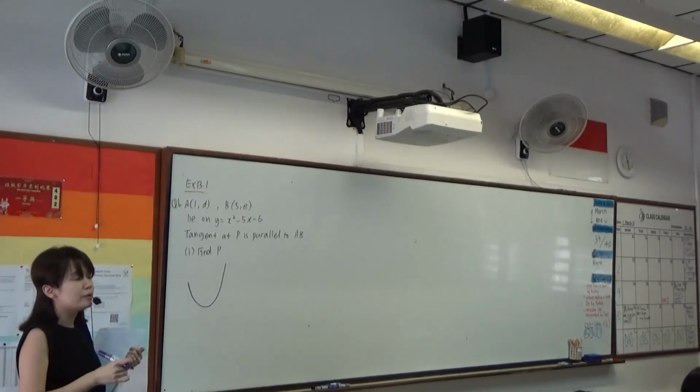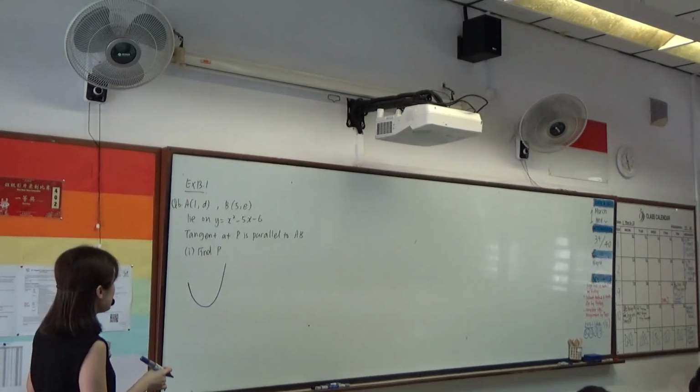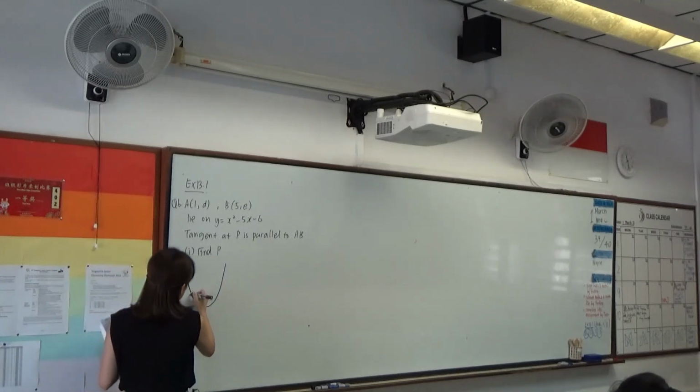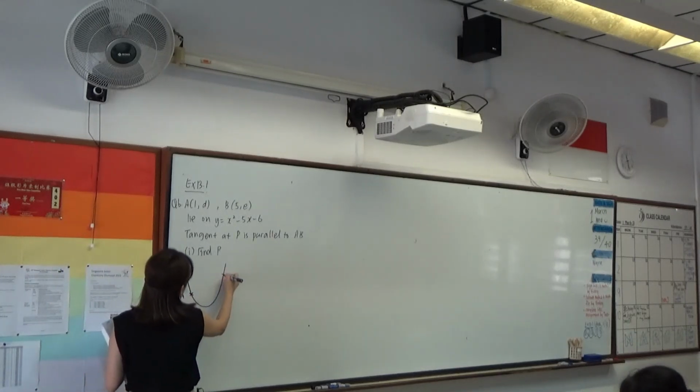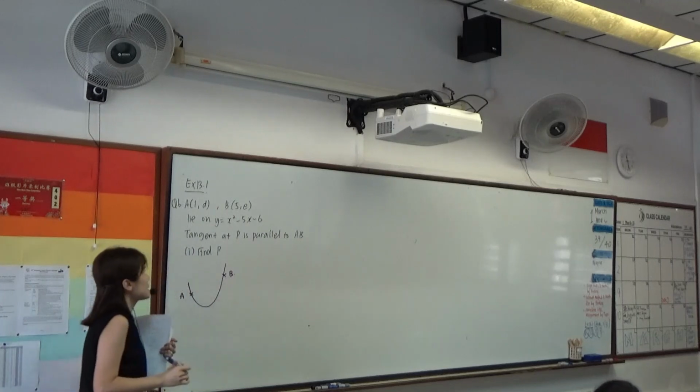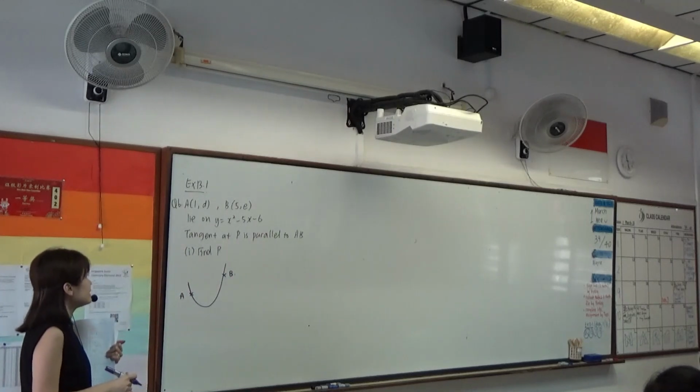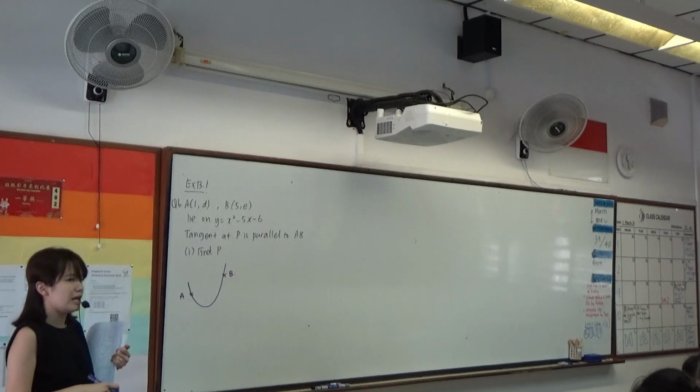Okay, and then we have A that is (1, d) and B is (5, e). So let's maybe take A here and B maybe here. Okay. Then tangent at P is parallel to AB.